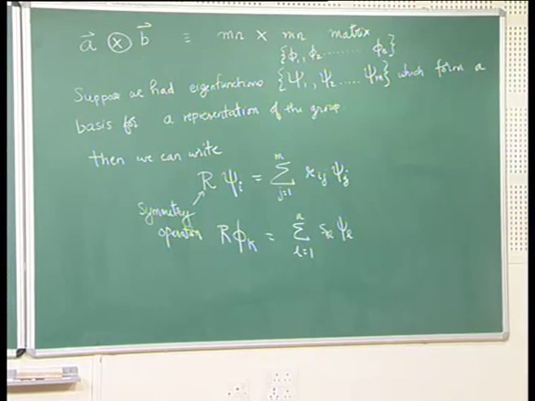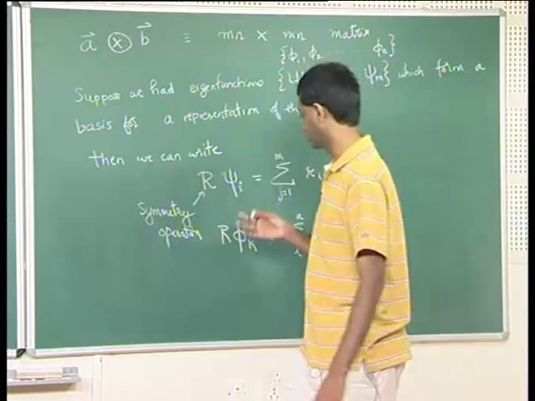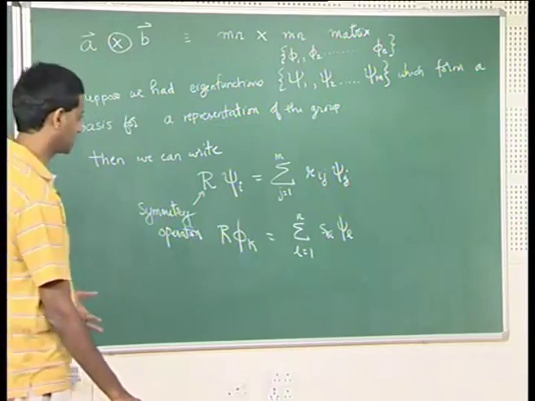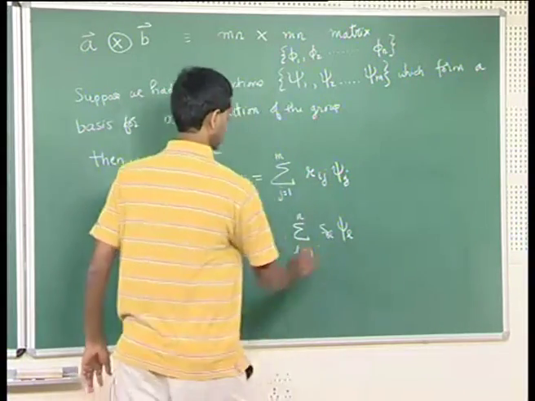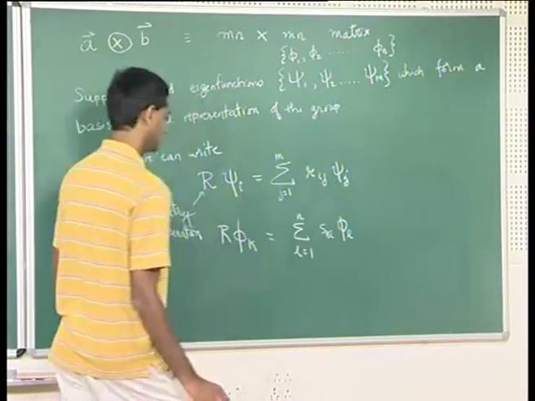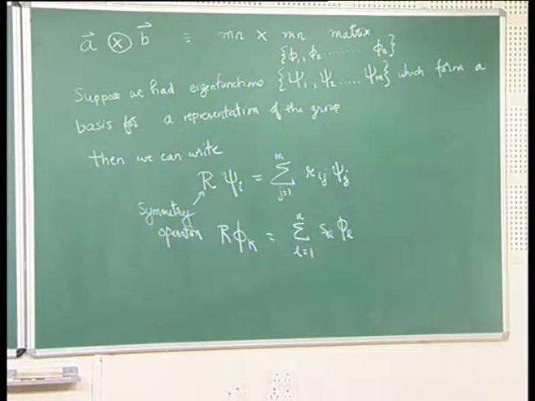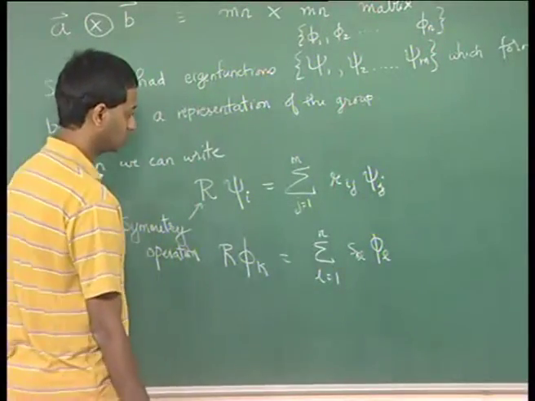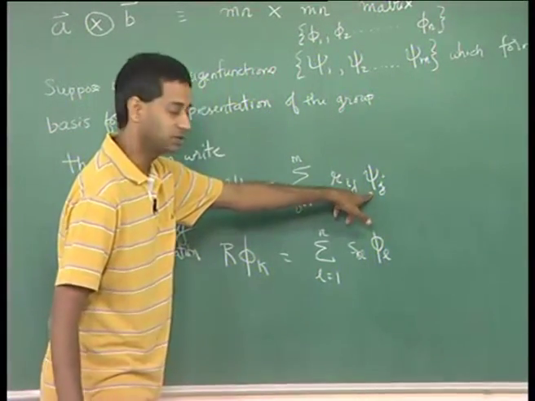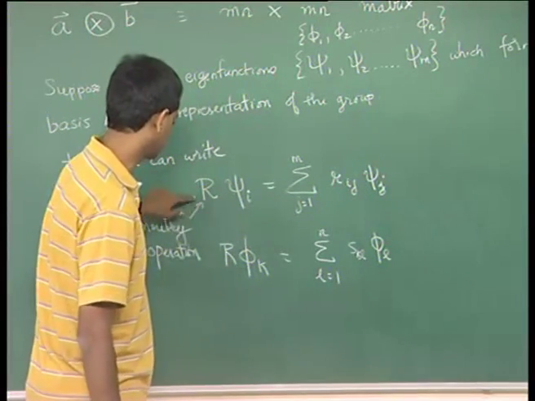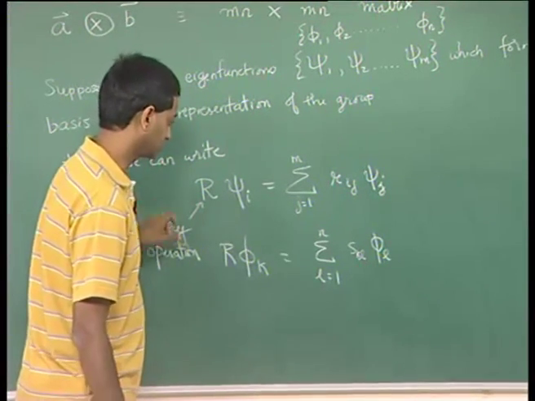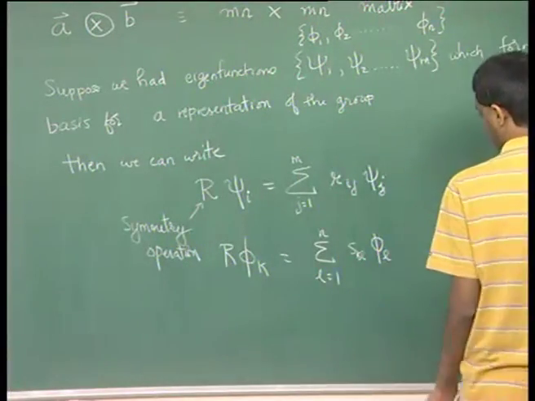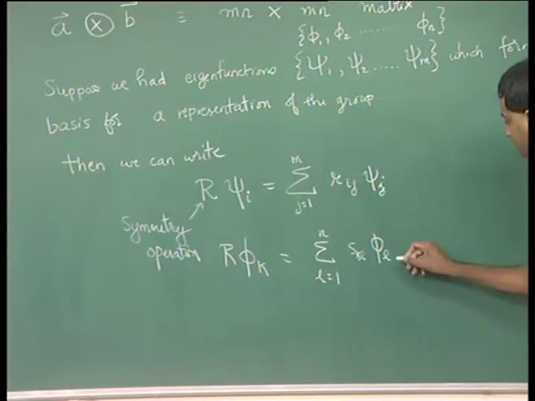Now you can ask what happens when you take a product. How do you think of the direct product? The most natural way to think of the direct product is you just take psi j phi l. We say that the psi j's form a basis for a representation of this group. Similarly, the phi l's form a basis.